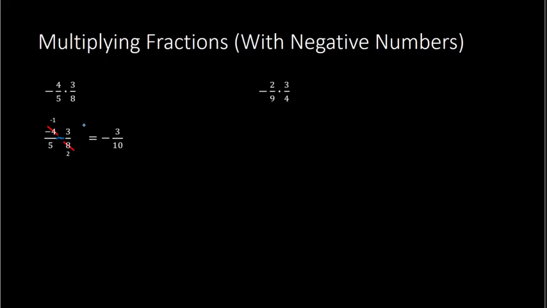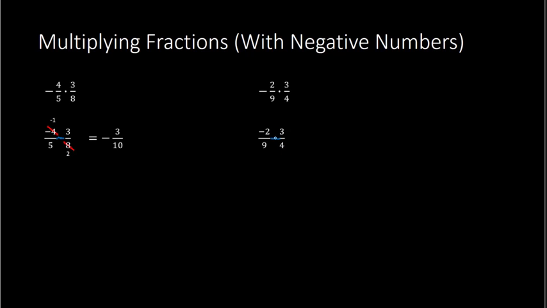Another example, we have negative 2 over 9 times 3 over 4. The negative can go with either the 2 or the 9. Let's just put it with the 2. And from here, we can start reducing. So we can imagine this line being extended, and we can divide anything on the top with anything on the bottom. So looking at the 2, that can divide out with the 4.